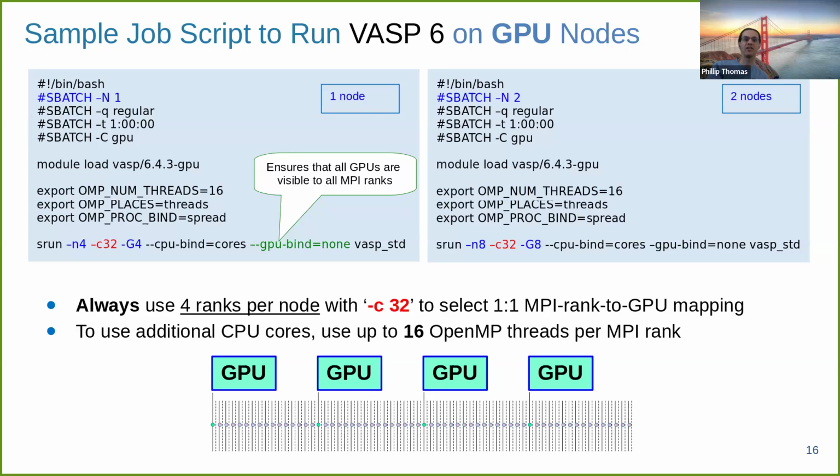It turns out that in practice, this doesn't really make a large amount of difference for most jobs. And the reason for this is that the GPUs are already handling the bulk of the computational workload. So the CPUs are not really doing a lot of work. Now, there is an amount of overhead required to spawn the OpenMP threads.